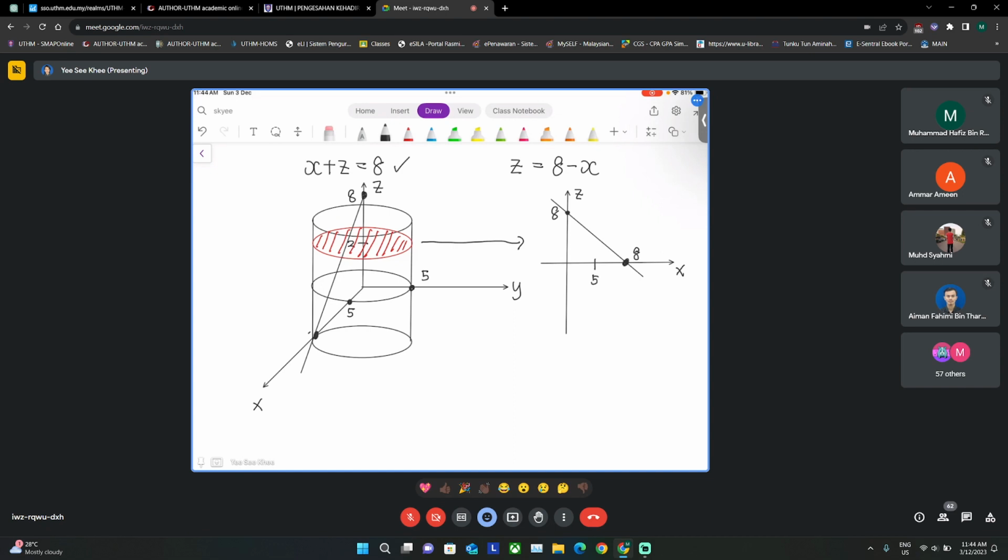So 5 is here, 5 is here. The height is just until 2, right? Oh, the height is from 2. Sorry, so I'll draw here better.